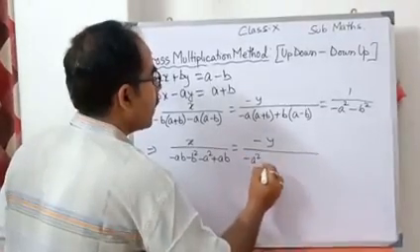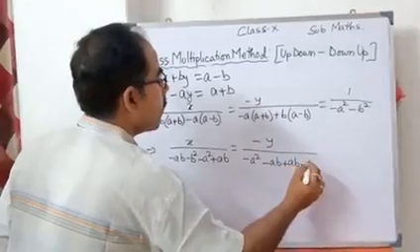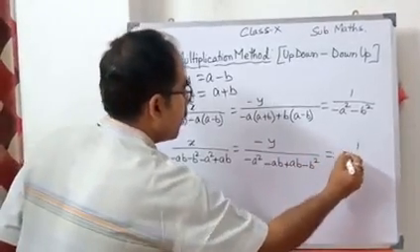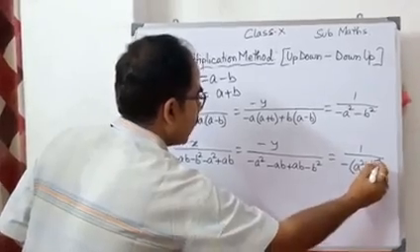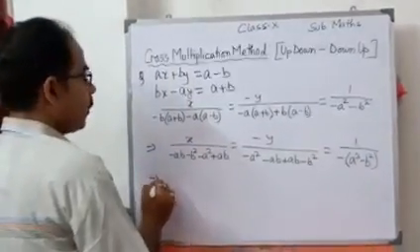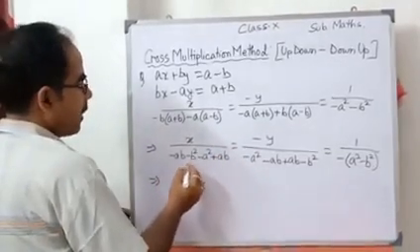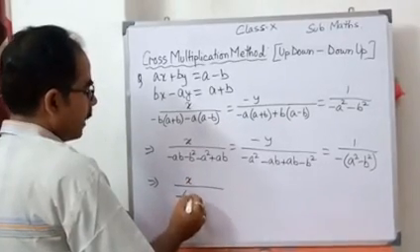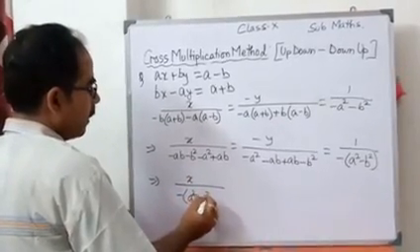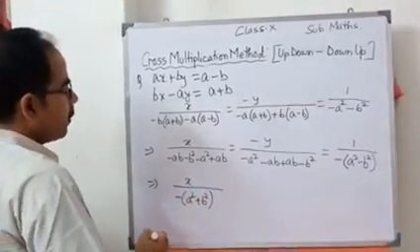Minus a square minus ab plus ab minus b square equal to 1 by minus, if you are taking common, (a square minus b square). Okay, so look here, here positive ab, here negative ab, obviously cancel out. So the remaining part is x by minus, if you are taking common, (a square plus b square). Tell me yes or no, because both are negative.